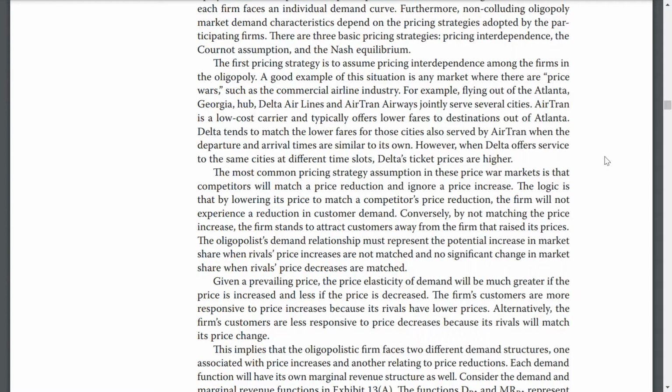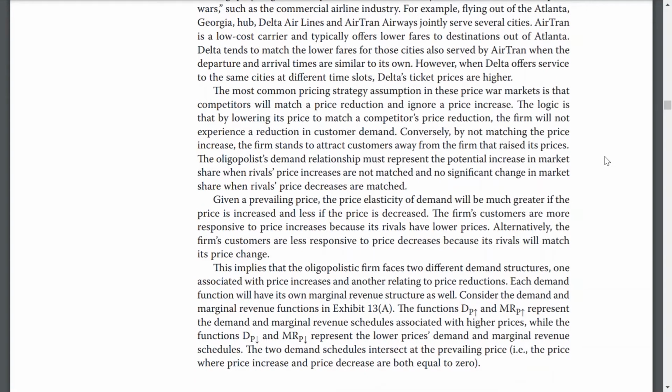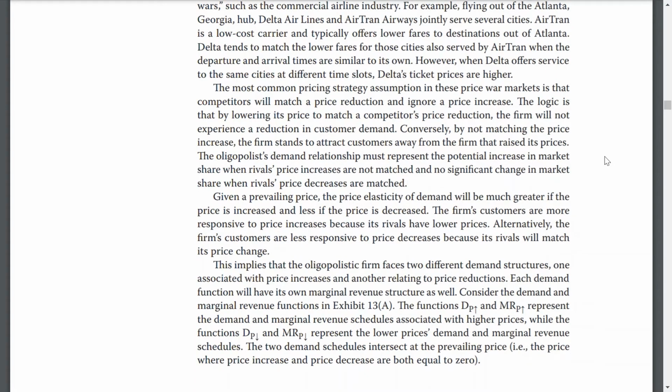The most common pricing strategy assumption in these price war markets is that competitors will match a price reduction and ignore price increases. So our game theory comes into play. The logic is that by lowering its price to match a competitor's price reduction, the firm will not experience a reduction in consumer demand.